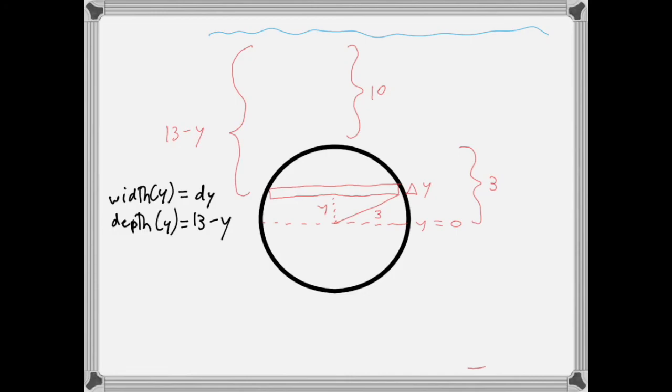And so if that distance is 3, then by the Pythagorean theorem, from here to here, half of the length is equal to the square root of 9 minus y squared. So if that distance is the square root of 9 minus y squared, we know the length is double that, right? And so we're ready to write down the length. The length is 2 times the square root of 9 minus y squared.